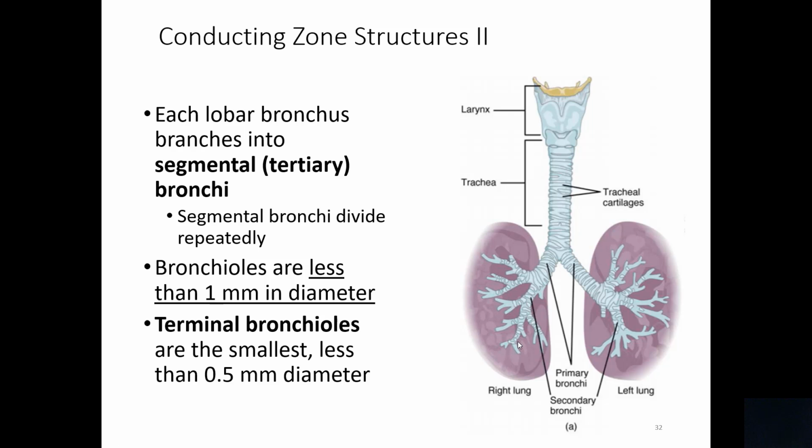Finally, when their branches become less than 1 millimeter in diameter, we call them bronchioles. And when they are even smaller than that, less than half a millimeter in diameter, we start calling them terminal bronchioles. Terminal bronchioles end up with alveoli. That's where the gas exchange will happen.